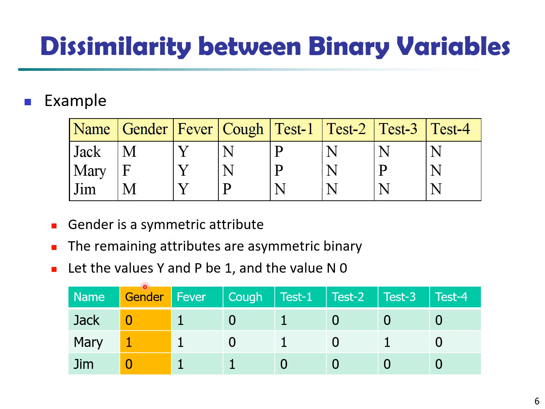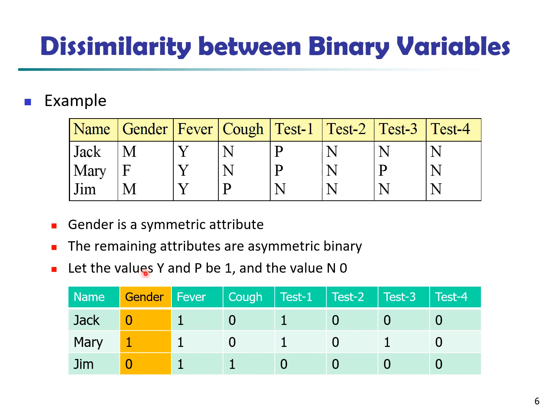Now, in order to be able to compute the similarity, we have to have all of them in a unified way, meaning that all of them will have the same encoding. And usually we use zeros and ones or plus and minus, but here I'm using 0 and 1. So for gender, I've given 0 to M and 1 to F. So males get 0 and females get 1. If I do it the other way around, it's fine, because it is a symmetric value.